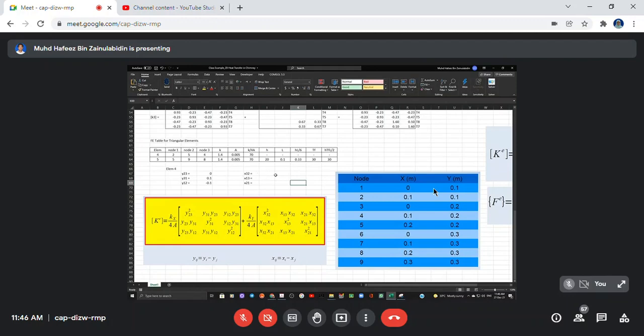So minus x2, node 2, which is 5. So refer to x5, 0.2. So 0.1 minus 0.2, we get minus 0.1.